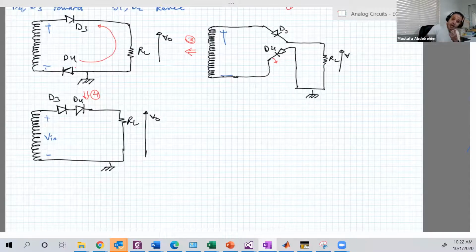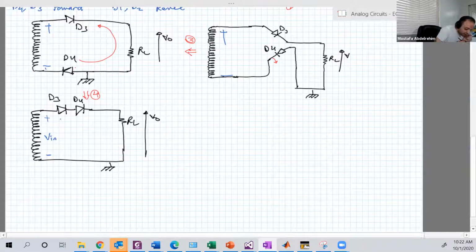Good. Now we have 2 diodes in series with a resistor, and there is V input. And both diodes clearly are forward, just like the half-wave rectifier, but with 2 diodes. So this is exactly like the half-wave rectifier, but instead of having 1 diode, we have 2 diodes here.